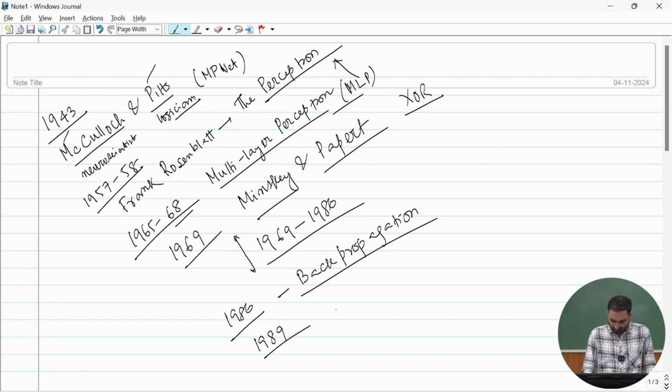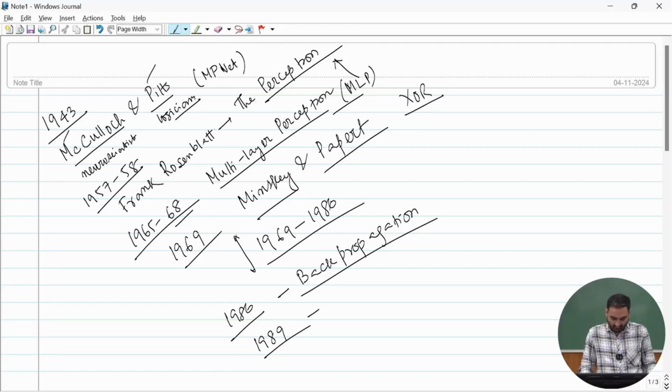And around 1989, 1990, it was shown that the multi-layer perceptron is capable of approximating any kind of non-linear boundary that you can think of.